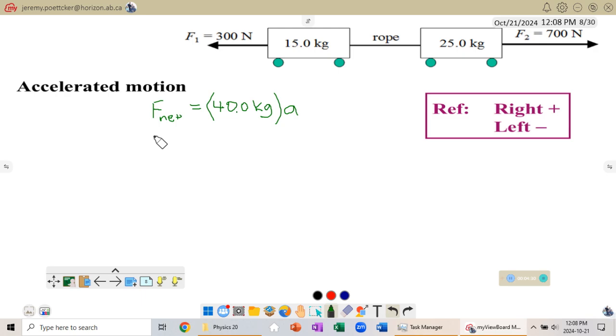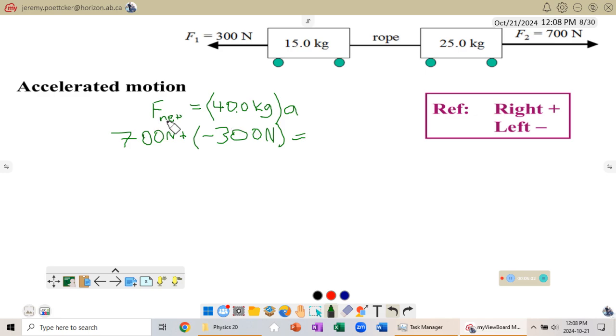And then we also are going to look at this and say, okay, well, F net is actually 700 positive plus negative 300. So 700 newtons to the right, which is positive, plus negative 300, and that's to the left. And it's negative because that's how we set up our frame of reference. And this is equal to our mass of 40 kilograms times A.